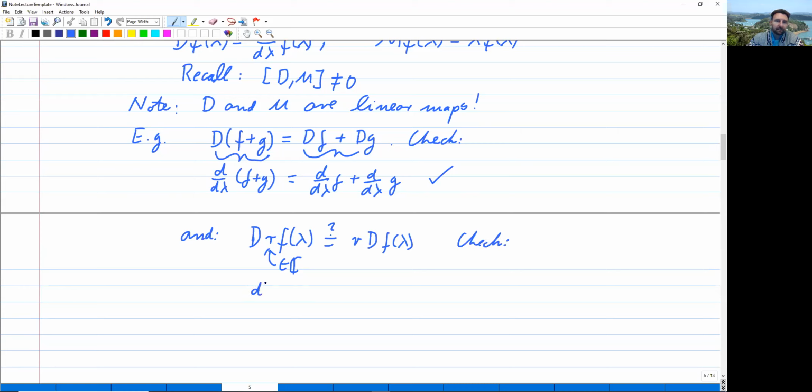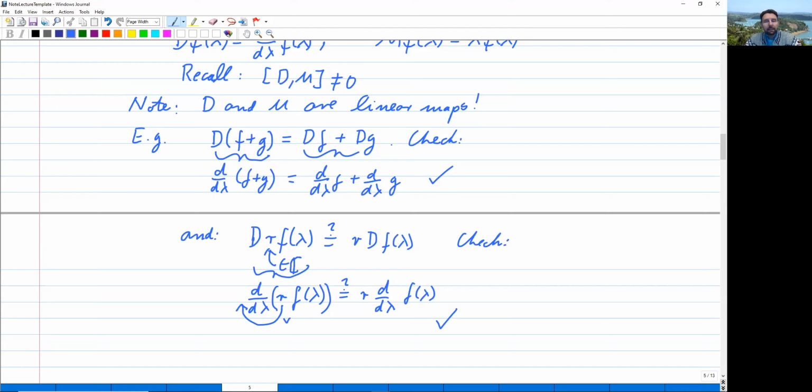We have that this is equal to d by d lambda of r, which is a number, times f of lambda. And we have to check whether this is equal to r times d by d lambda, and then it's f of lambda. And yes, we know that we can pull this out. This is okay, and therefore, yes, it's true. So we can conclude D is a linear map.